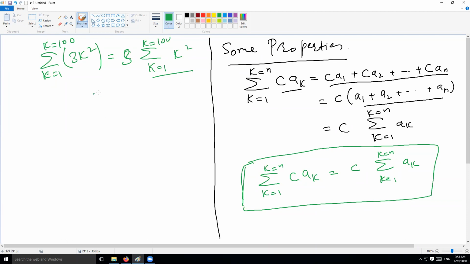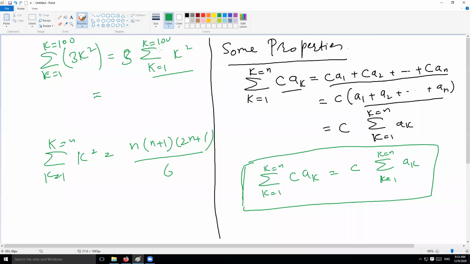So do I know this sum? The answer is yes, because I know that if I have K that starts from 1 and goes up to n, and it is K square, then this sum is equal to n, the last term, times n plus 1 times 2n plus 1 over 6.